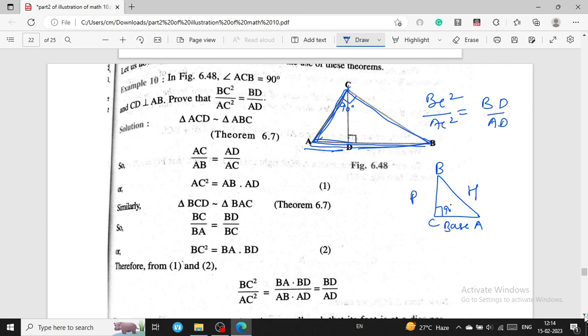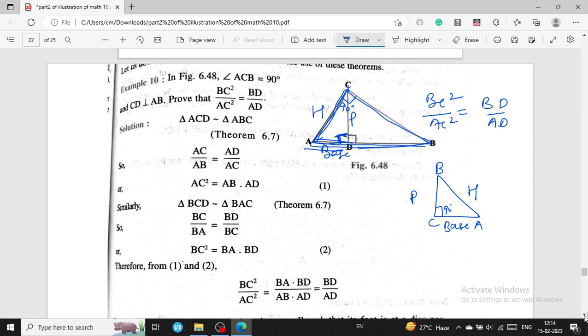In triangle ACD, D is the perpendicular, so this is a base, this is a perpendicular, and this is a hypotenuse.